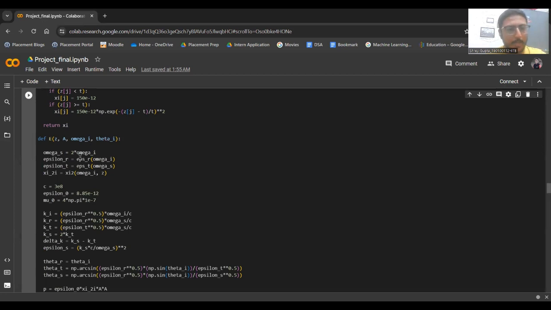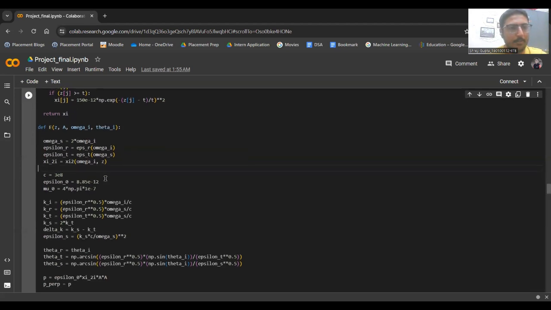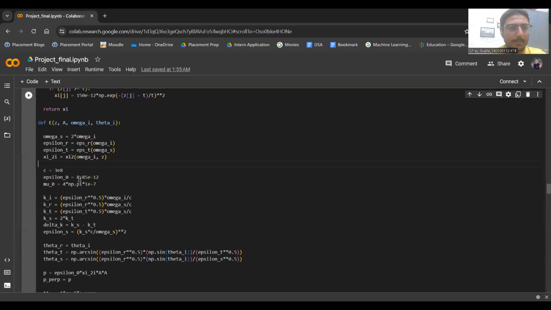Again, omega s equals 2 omega i, which was explained by my previous fellows. Epsilon of reflected is again a function of omega i, and epsilon transmitted is also a function of omega s, and chi2 is again a function of omega i and the direction of propagation, which is defined within the function definition.